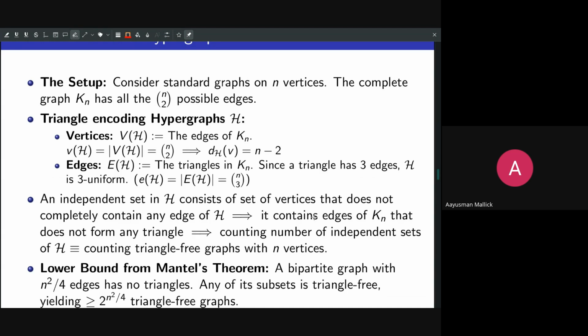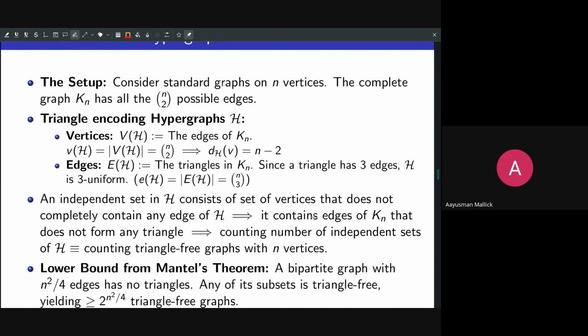So here we can get 2 to 3 notions very clear. Since a triangle has 3 edges, we can surely say that our constructed hypergraph is 3-uniform. And as the number of triangles possible in the graph Kn is n choose 3, the cardinality of the edge set of the hypergraph would be n choose 3.